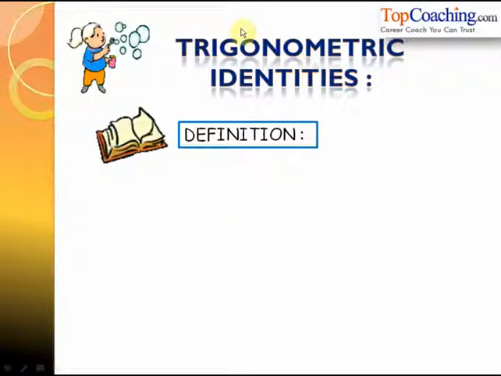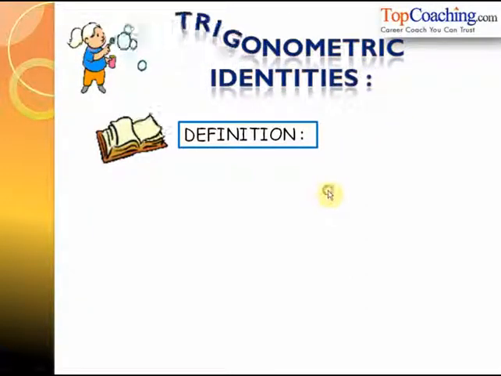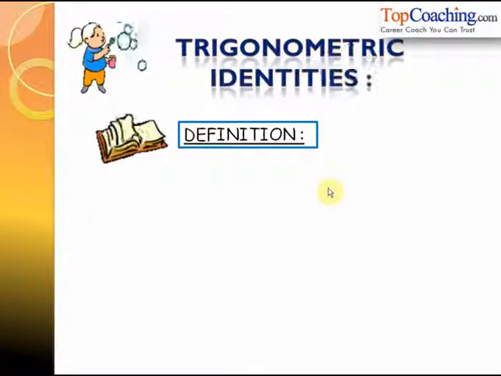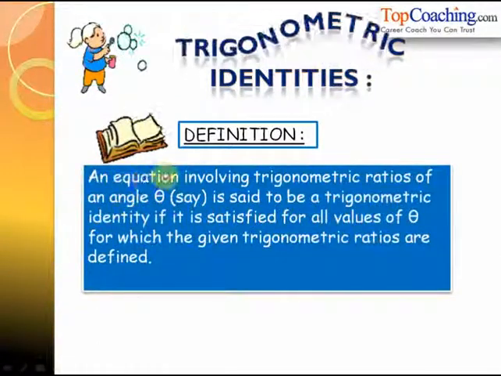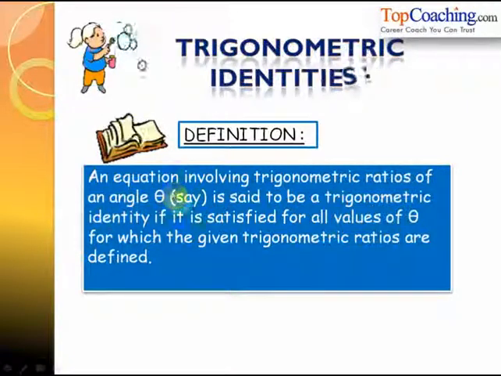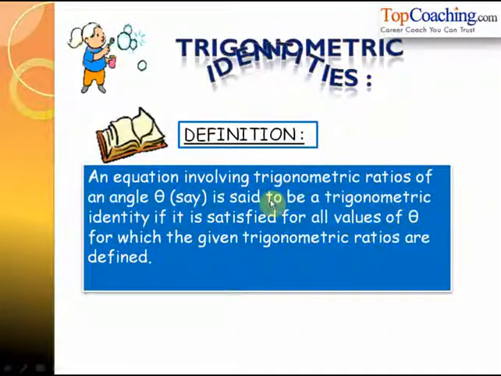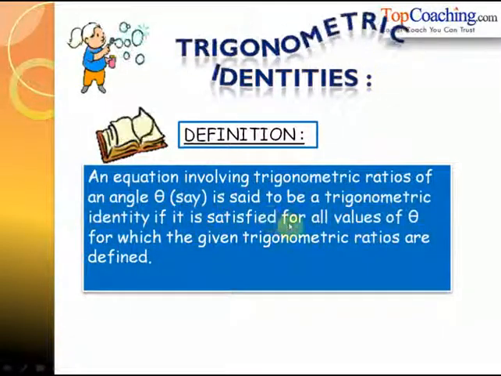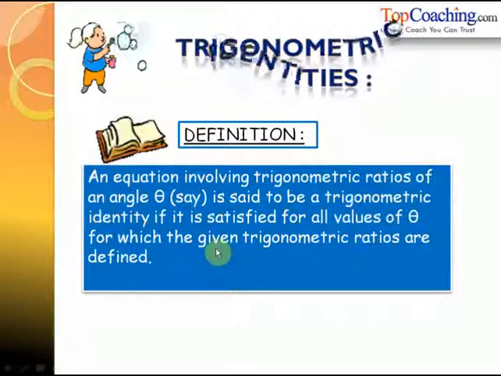So now let's look at what trigonometric identities are. The definition of trigonometric identities is: an equation involving trigonometric ratios of an angle theta is said to be a trigonometric identity if it is satisfied for all the values of theta for which the given trigonometric ratios are defined.